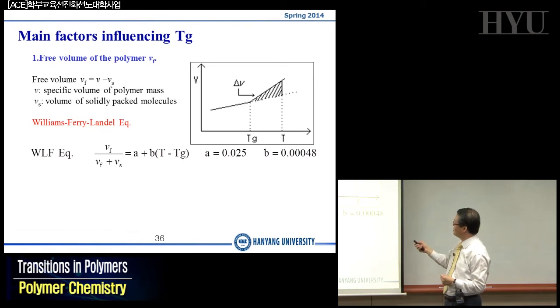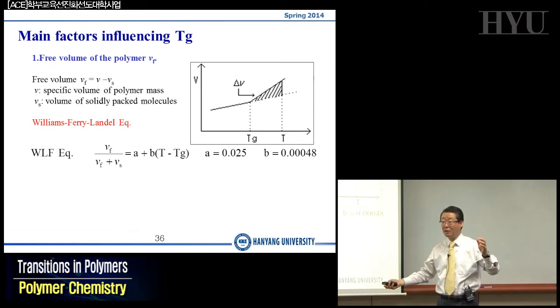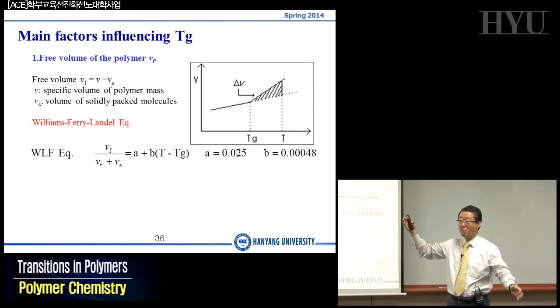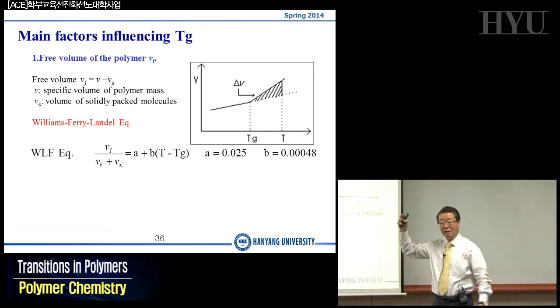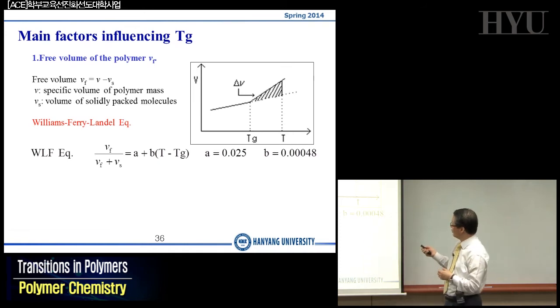That 85 degrees C might be here. If I further increase the temperature, like 120 degrees C, my backbone moves, of course, and I need more volume. That temperature might be right in here. So depending upon the temperature, your free volume, delta V, might be different.